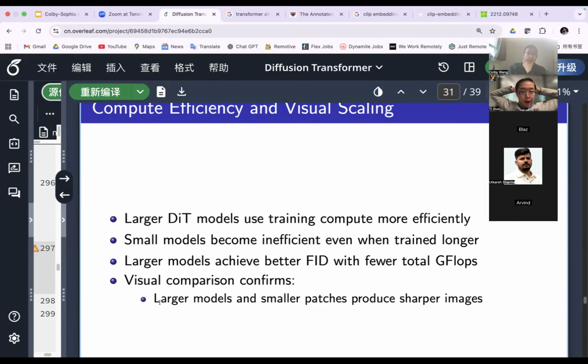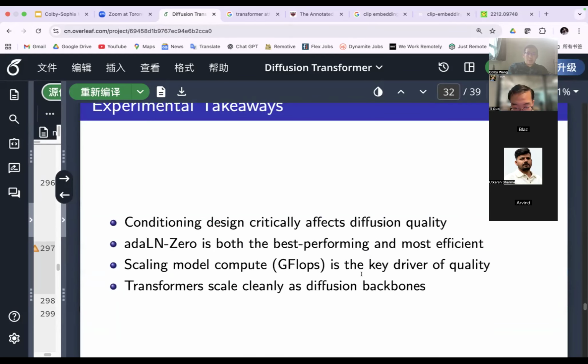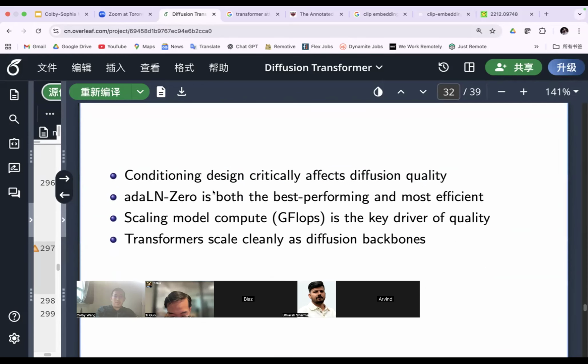They also find that larger models like the XL models produce sharper images than the base model. To summarize, conditioning actually affects the diffusion quality, and adaLN-Zero achieves the best quality. Scaling the number of floating point operations is the driver of quality, and transformers scale cleanly as diffusion backbones.